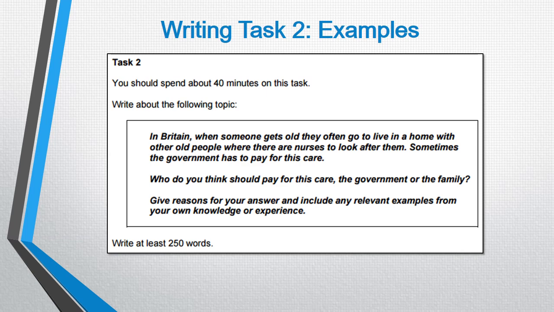Sometimes the government has to pay for this care. Who do you think should pay for this care? The government or the family? Give reasons for your answer and include any relevant examples from your own knowledge or experience. So that's another example of what you might see, this time a very slightly different layout.